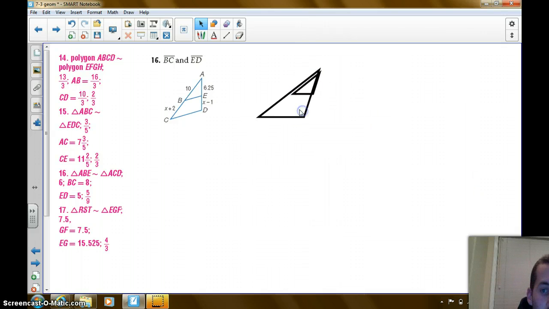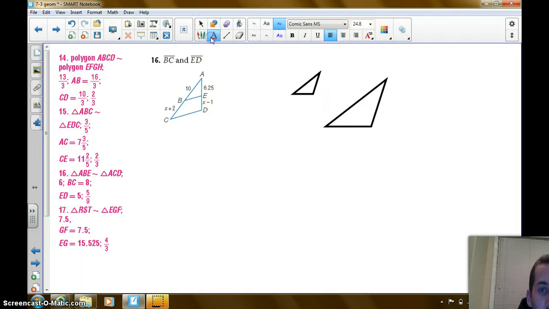There are 2 triangles, and so what you're comparing is the sides of this one to the sides of this one. The tricky part is that this side here is going to be x plus 2 plus 10. That's that big side there.